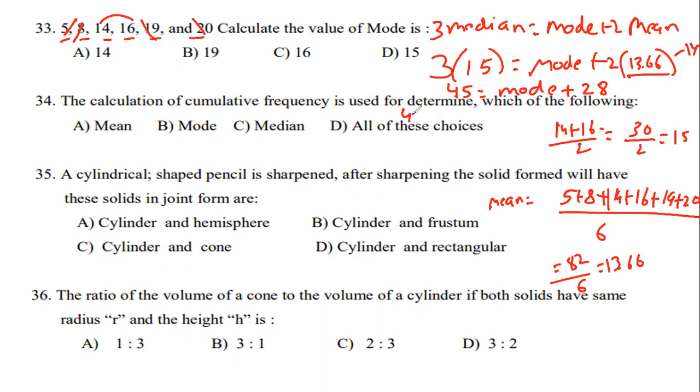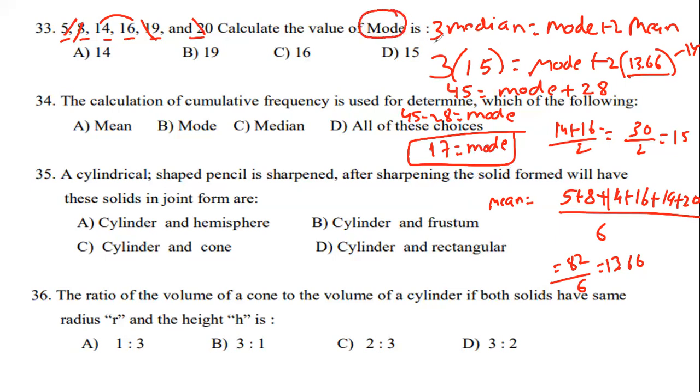So 45 minus 28 is equal to mode. Okay. 45 minus 28 is 17. 17 is equal to mode. But the option is not there. I think this one is median.